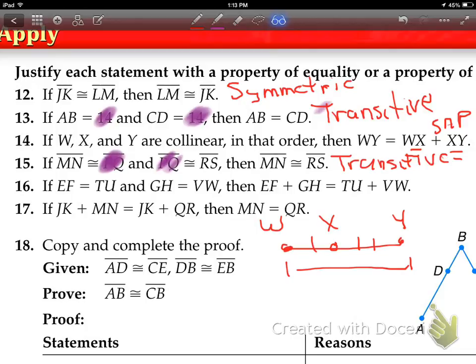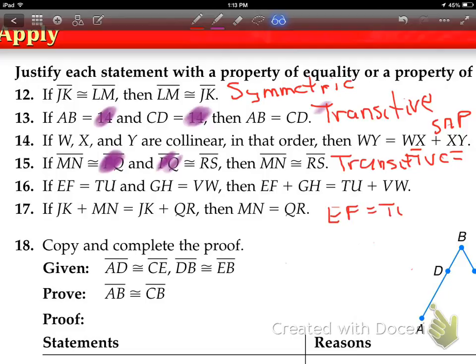All right. This one, again, is a little tougher. But if you think about what they've done here, let me erase that little diagram there. We've seen this trick before. They've taken two equations. We know that we have EF is equal to TU, and also that GH is equal to VW.